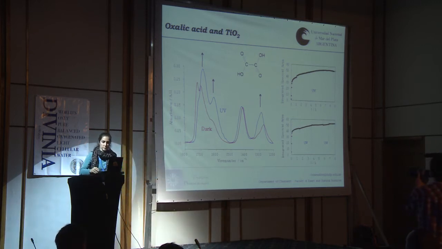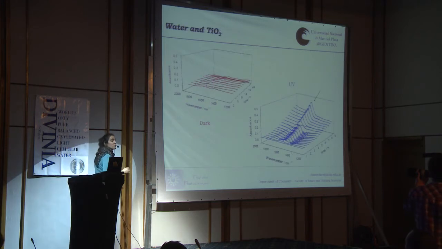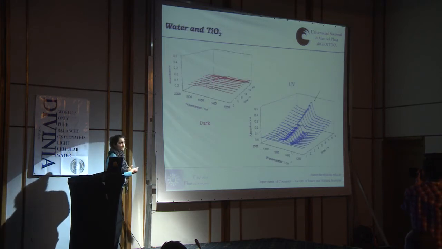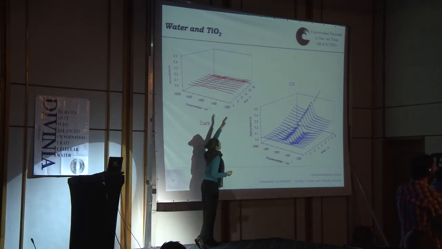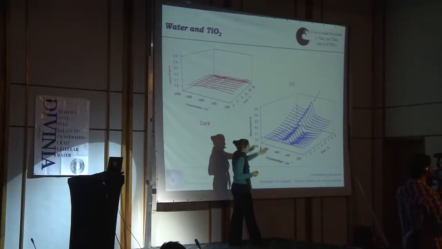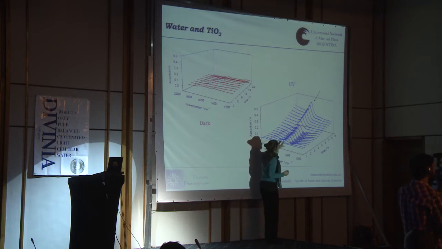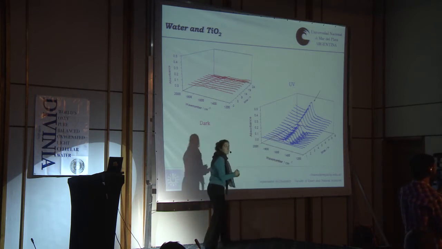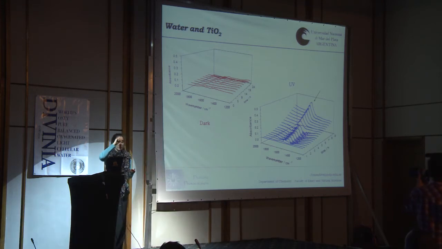So then we remove oxalic acid and study water in contact with titanium dioxide. If one takes a spectra along 24 hours, there's almost no change. But after only 8 hours of illumination, one sees that the spectra change considerably, and especially in this area where there's a bending mode of water, indicating that water enters in the system within the path of this evanescent wave that is probing my system.